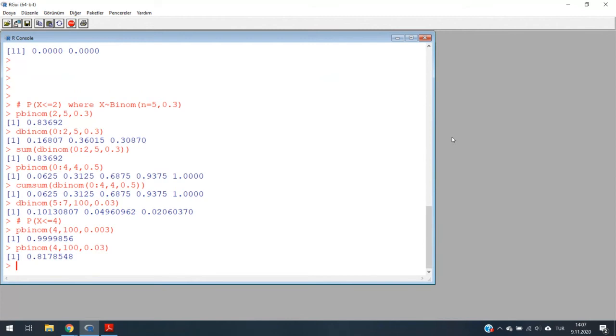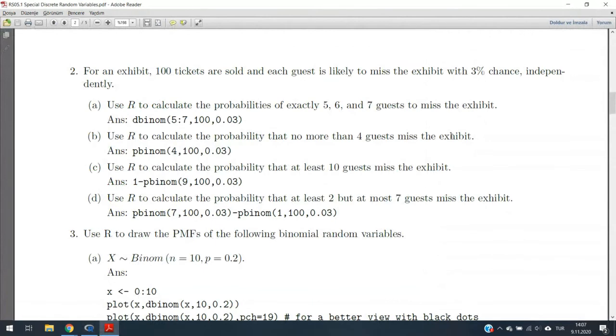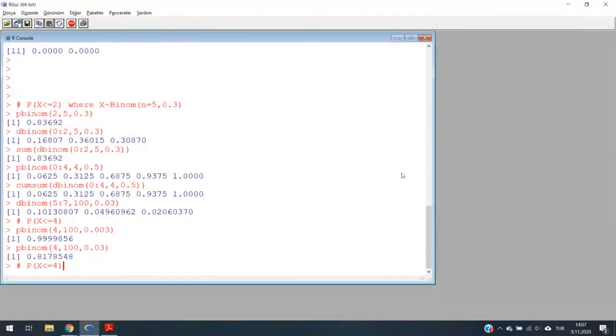This is the probability of no more than 4 guests missing the exhibit. And in the third part, it asks, find the probability that at least 10 guests miss the exhibit. At least 10 guests means the probability of X being greater than or equal to 10 is being asked. So at least 10 people will miss the exhibit. This means this binomial random variable X will be greater than or equal to 10.